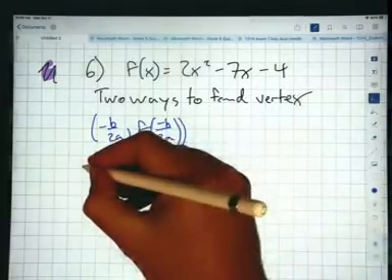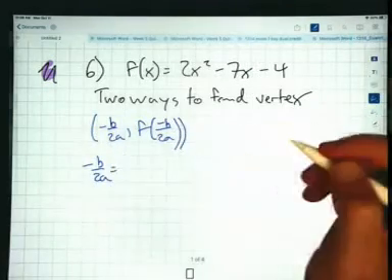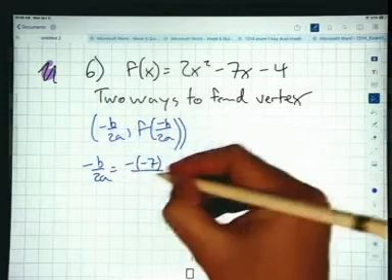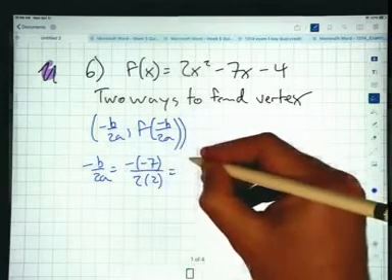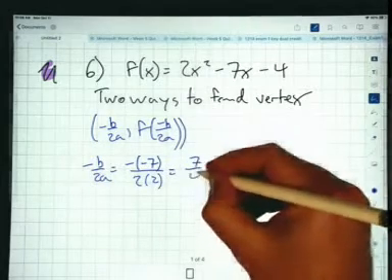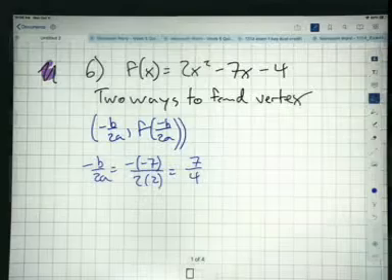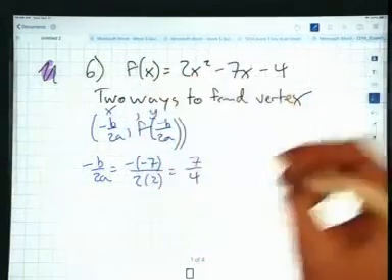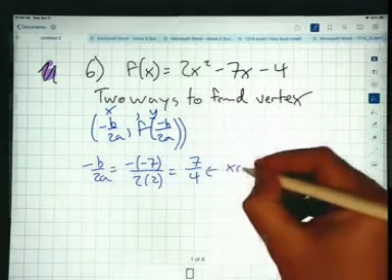So let's start off by doing negative b over 2a. That's going to be the opposite of negative 7 over 2 times 2, which becomes 7 over 4. This, ladies and gentlemen, is the x-coordinate of the vertex.